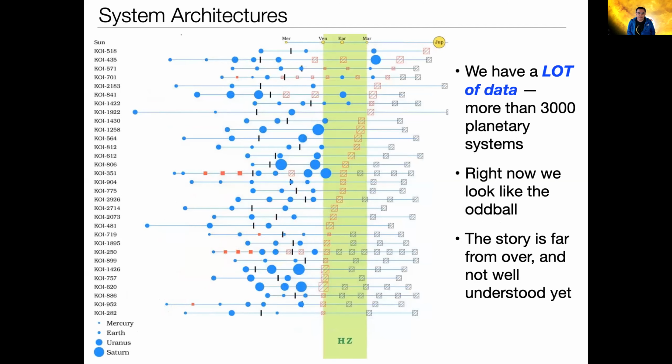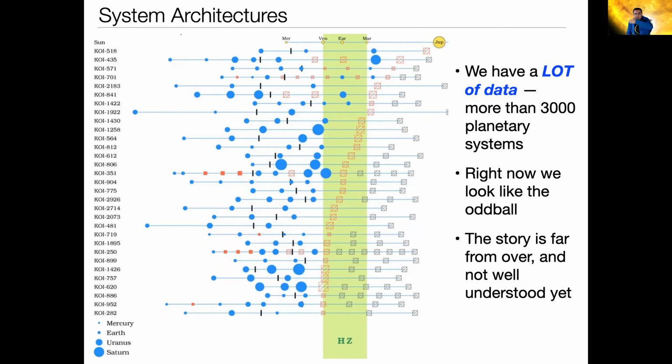At this point, this is a plot showing a lot of the different architectures of worlds that we've seen. Plotted horizontally, the name of the planetary system is over there on the left. I certainly haven't done every planetary system here because there's like 3,000 of them.